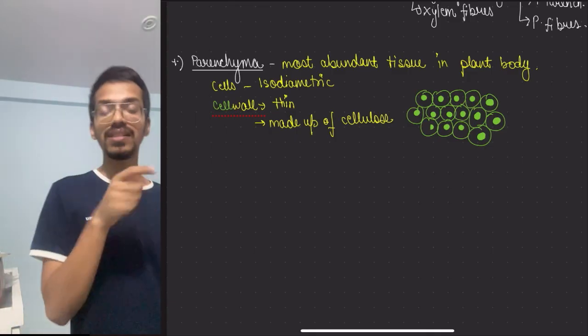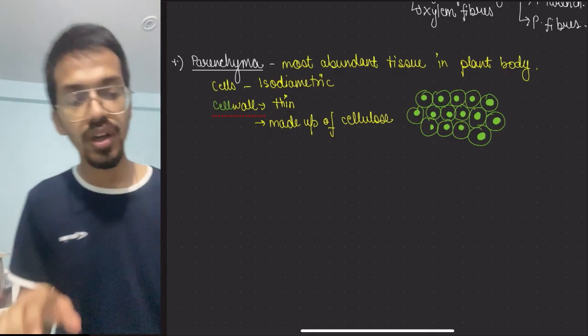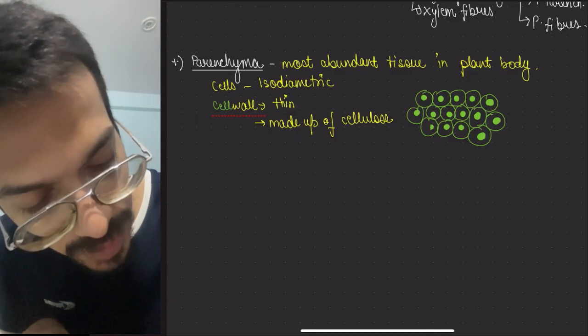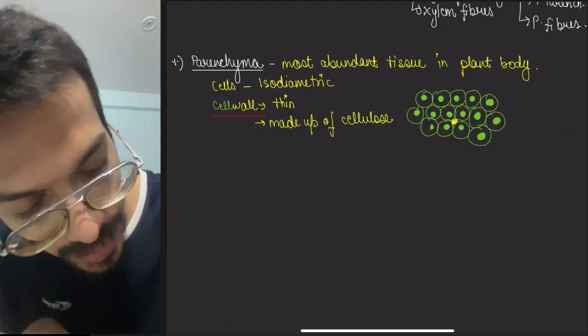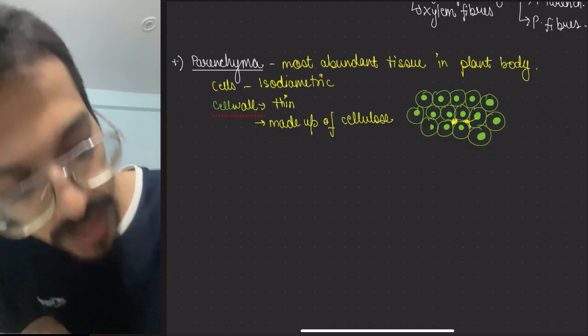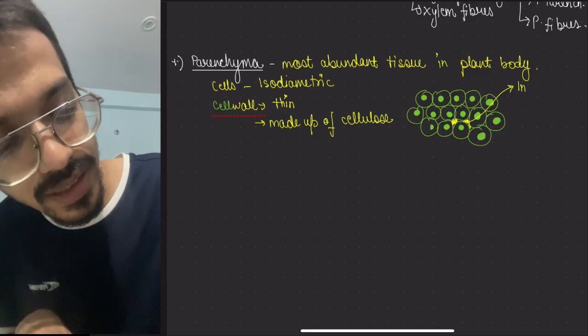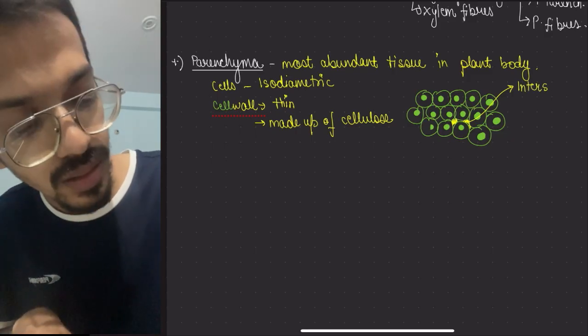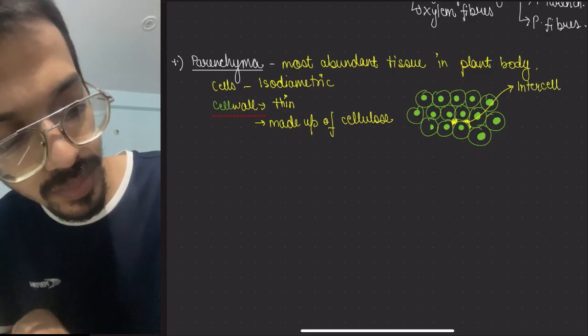The next thing, if you see, there is a space present. Can you see that? This is called intercellular space.